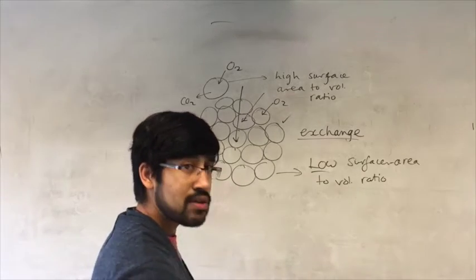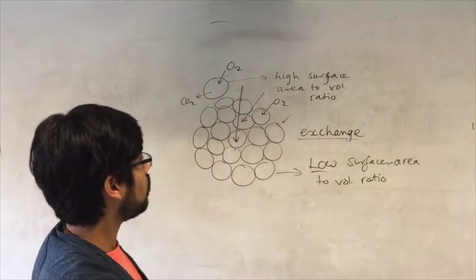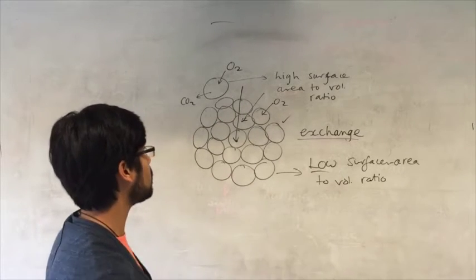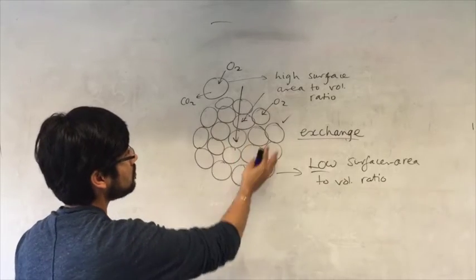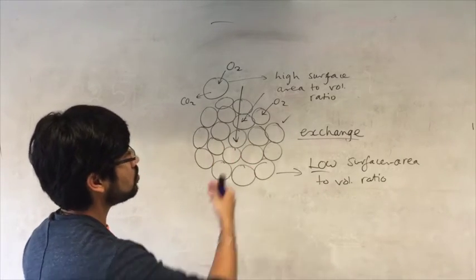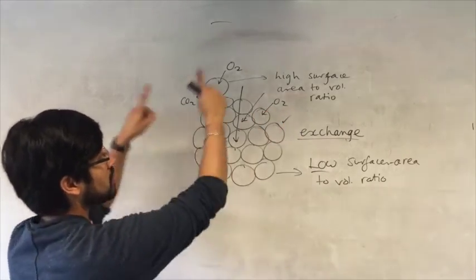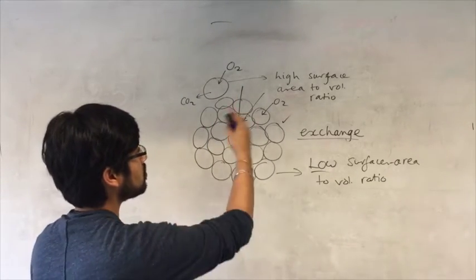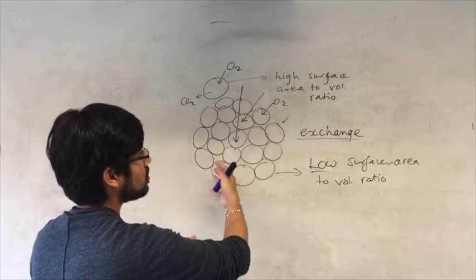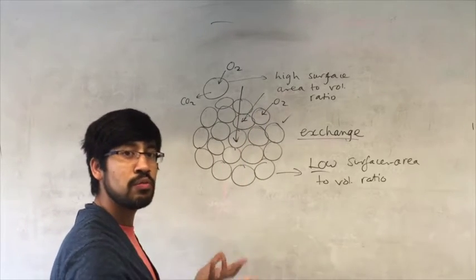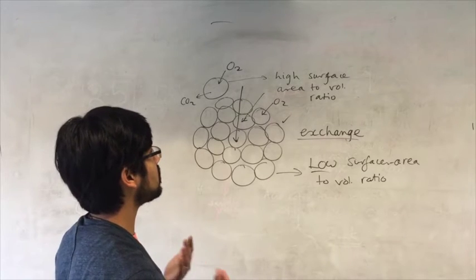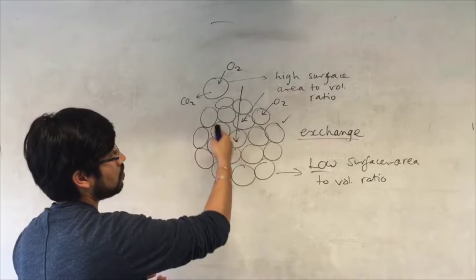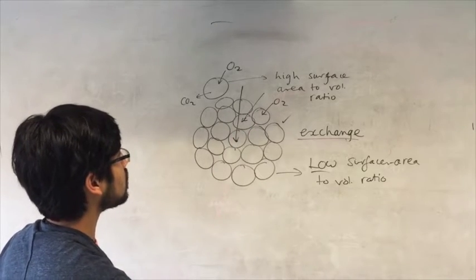For that reason, multicellular organisms need to develop specialized exchange surfaces, because they can't rely on diffusion alone to provide all those things that we talked about before: oxygen, glucose. You can't rely on diffusion to take glucose to all your cells, oxygen to all your cells, and remove carbon dioxide effectively from all your cells, because of this situation right here.